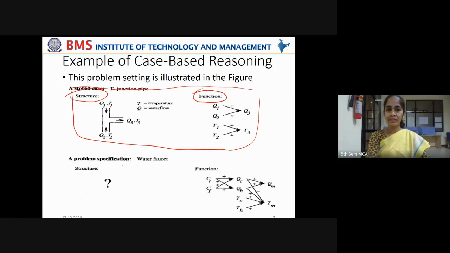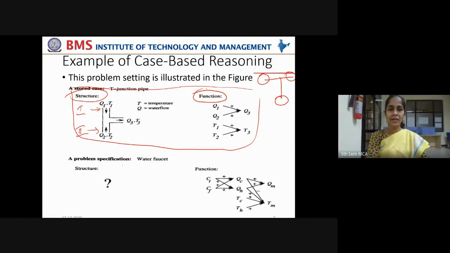Okay, now what is the structure for a T-junction pipe? T-junction pipe means the pipe will be in this form. Inlet will be from this side as well as this side, and outlet will be from this end. See, this is the first inlet and this is the second inlet.